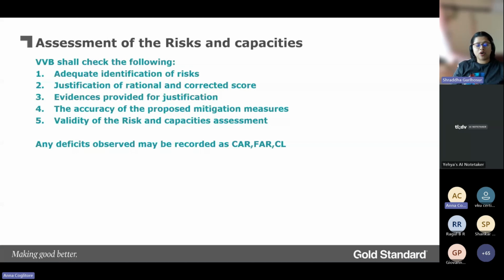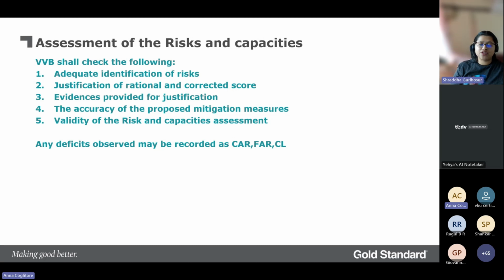They should confirm that all risks are adequately identified. They should check the justification and the rationale provided, like if it is well explained in the risk and capacity report, and if they're providing the mitigation measures and bringing the score down, the justification should be well examined, that how is it coming and how is it reducing the scores.